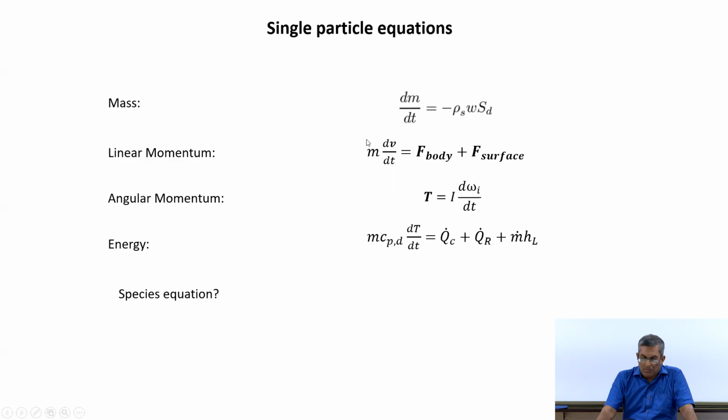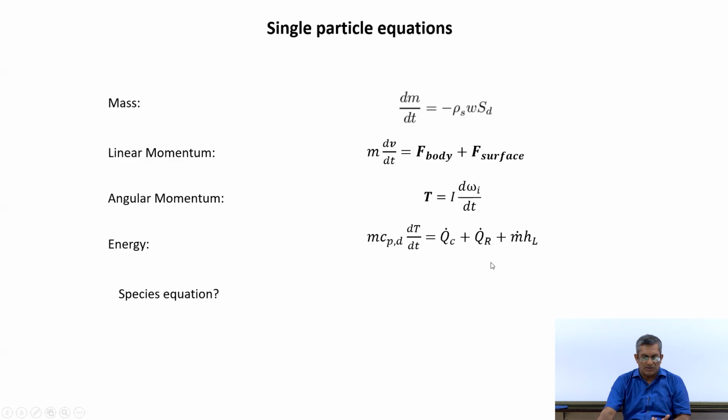Next, are we done with the transport equations? The answer is no. Why? Because we do not have these expressions in terms of fundamental quantities. For example, in case of the momentum equation, we need to express this in terms of the velocity of the dispersed phase and maybe the carrier phase flow velocity also. In case of the mass conservation equation, we need to express this in terms of a fundamental quantity, for example, particle size.